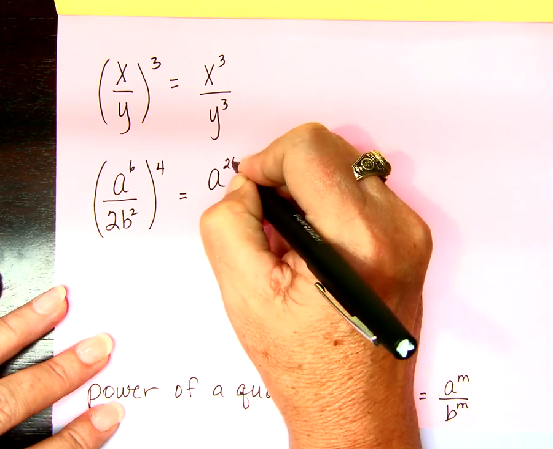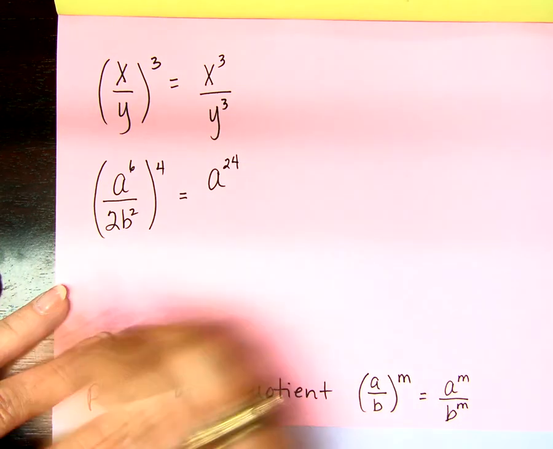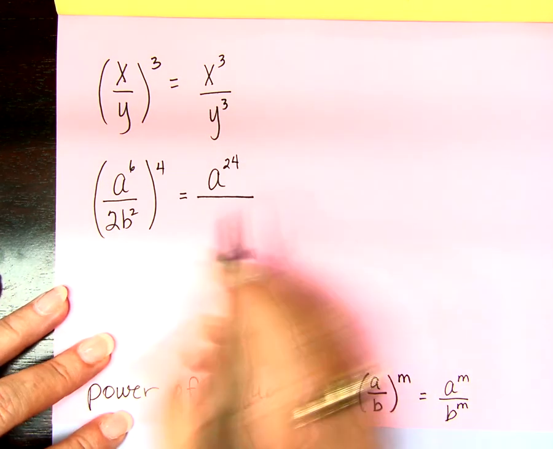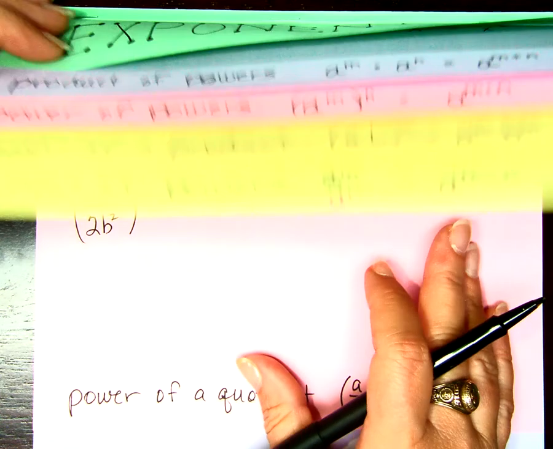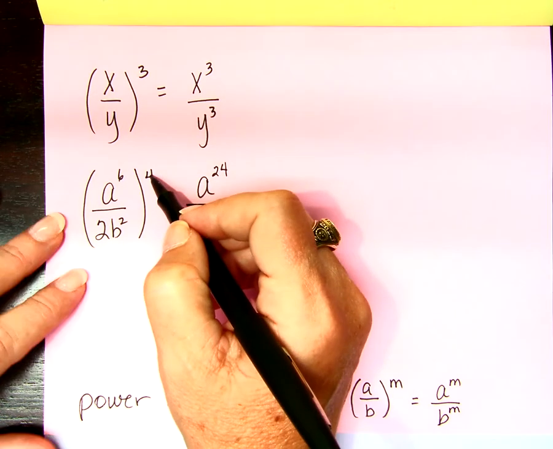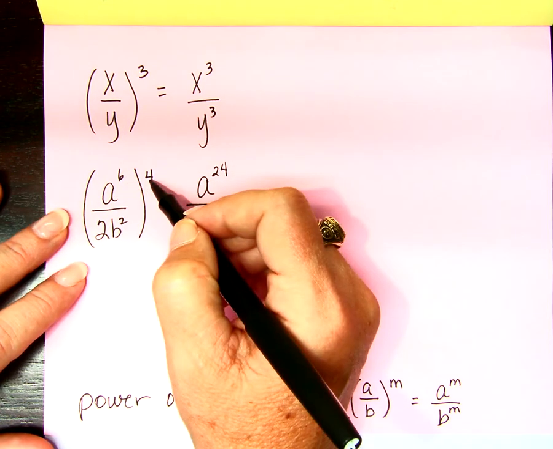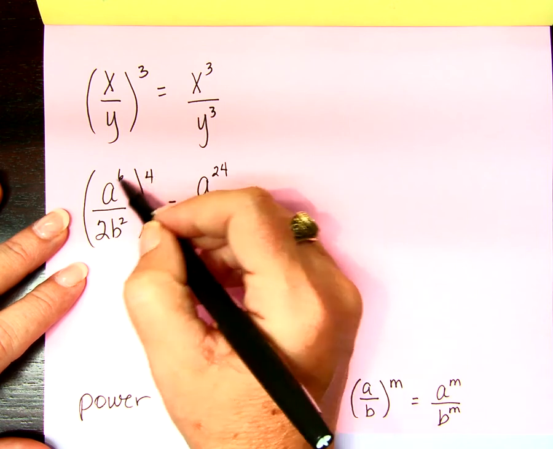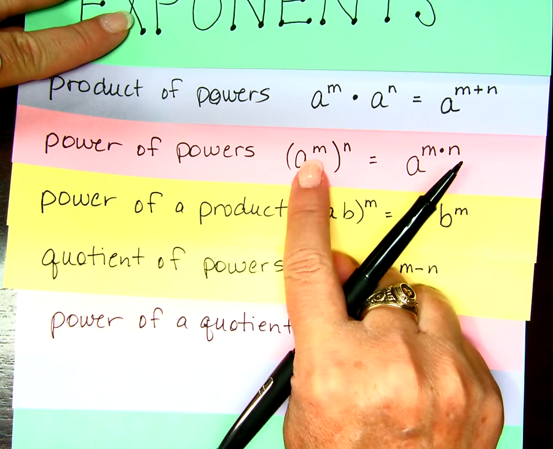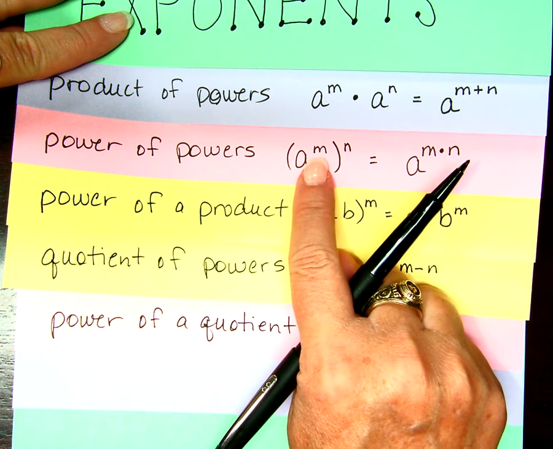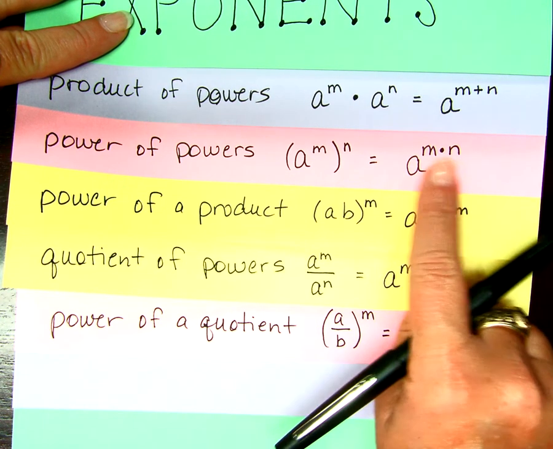Multiply. So a to the 24th. I know, but it's not 4 times a is what I'm saying. It's 4 times the exponent. So that's the power of powers rule that we already talked about. If I'm raising an exponent to a power, I multiply those numbers.